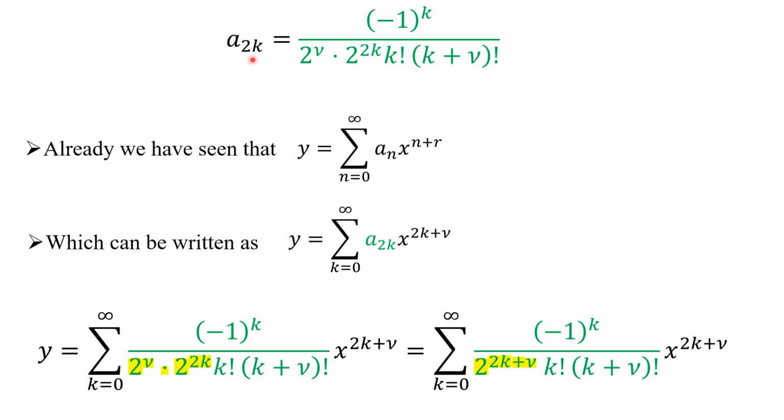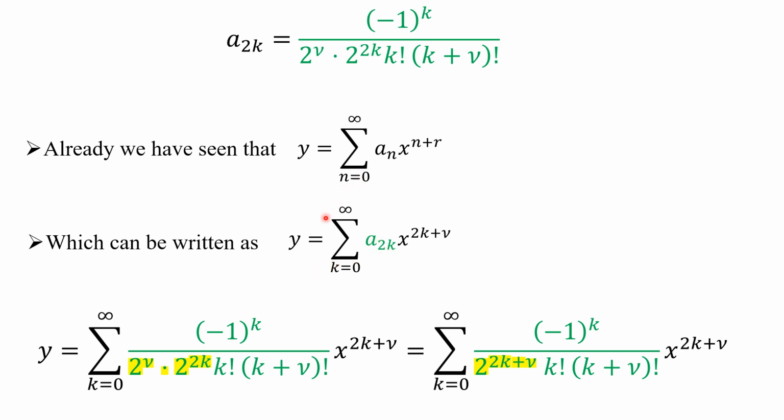Now we have already seen the Bessel function y is equal to the summation over n equal to 0 to infinity of a n x power n plus r, and we proved that only even coefficients exist and odd coefficients will become 0. That is, n will become 2k, 2 times k.